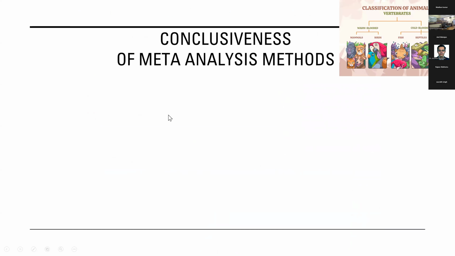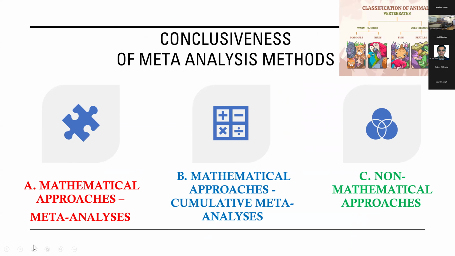I studied BSc zoology, and you can classify every animal into vertebrate, non-vertebrate, mammals, non-mammals. Like that, people in statistics love classifications. So for conclusiveness of a meta-analysis, there are 3 broad headings. One is mathematical approaches to a meta-analysis. The second is mathematical approaches to cumulative meta-analysis. And the third is non-mathematical approaches, which is really GRADE and children of GRADE.